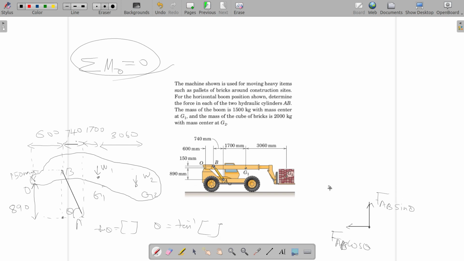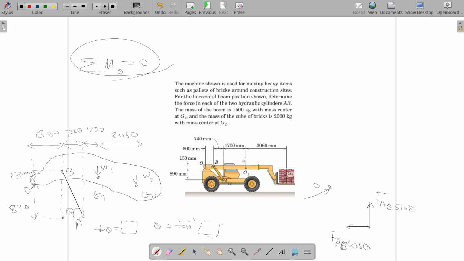There is a force in an arbitrary direction with a certain magnitude on O, but we don't need to worry about it because we are taking moment about O, and if a force is passing through O, then the perpendicular distance between the line of action of that force and the point O is 0.